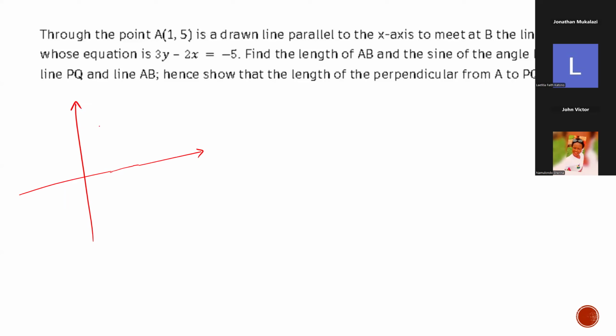The point (1, 5) is going to be around there, and through that line, a line parallel to the x-axis is drawn, and it meets the line PQ, whose equation is 3y minus 2x is equal to 5. So this is the line 3y is equal to 2x minus 5. That's a positive gradient line.